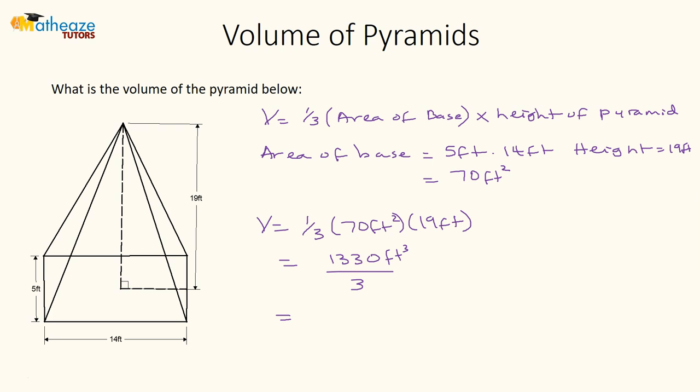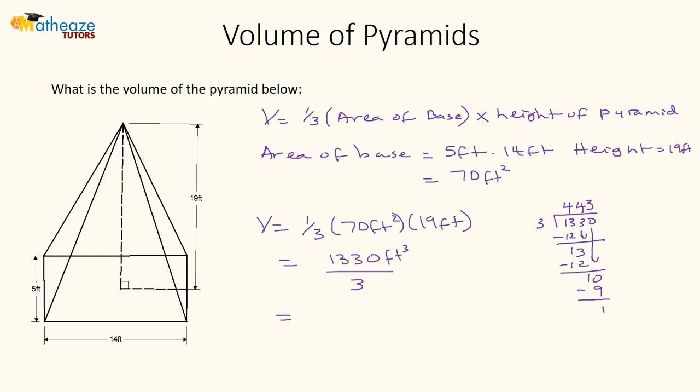Let's do it quickly. 1330 divided by 3, we get 4 here, 4 times 3 is 12, we subtract, we have 1, we bring down the 3. 13 divided by 3, we get 4. 4 times 3, 12. We subtract again, we have 1. We bring down a 0. 10 divided by 3 is 3. 3 times 3, 9. Subtract, and then we have 1.